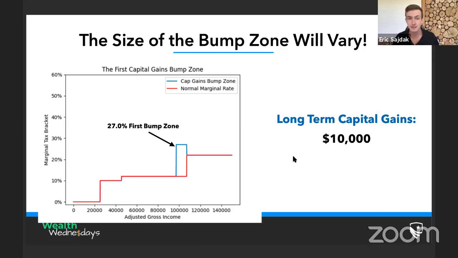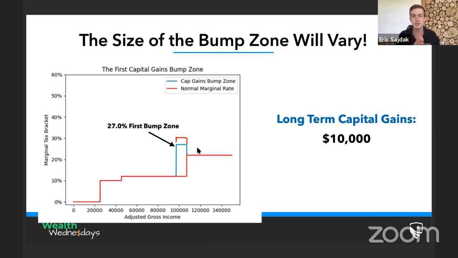But the size of these bump zones will vary depending on how much you have coming from long-term capital gains. So for instance, if we have $10,000 in long-term capital gains, the width of this bump zone will be $10,000. And why would that be? Well, essentially every dollar of extra traditional IRA income is going to move $1 into being taxed at 15% in this bump zone.